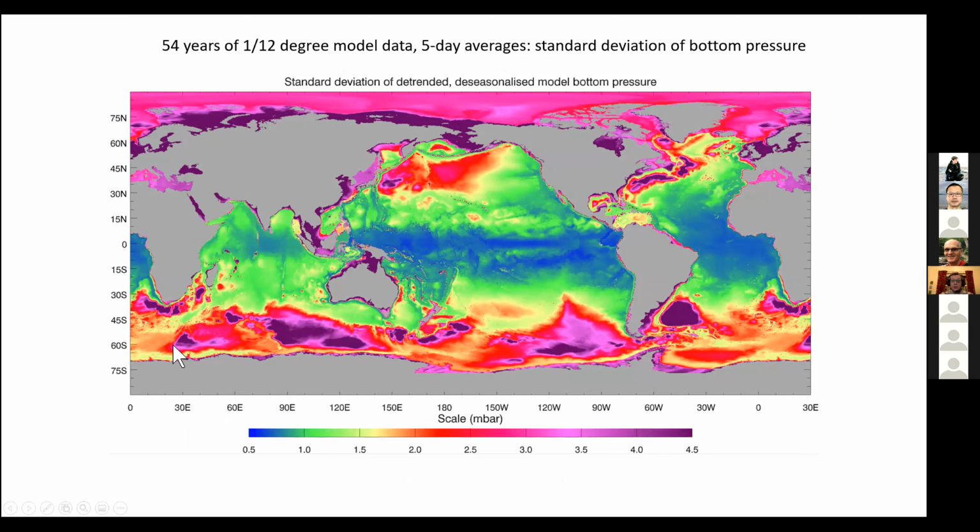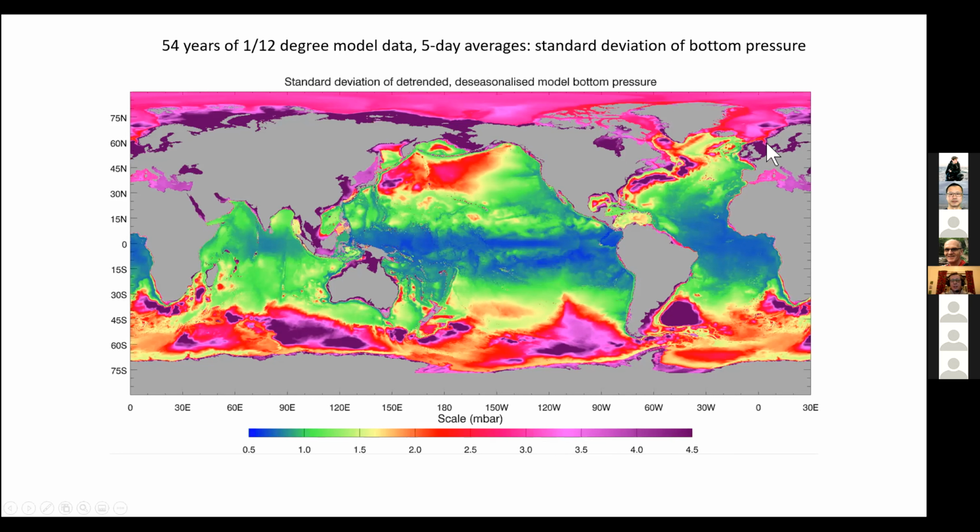This is a different ocean model, and we've got 54 years worth of data here, 5-day averages, and it's just the standard deviation, with the seasonal cycle and a long-term trend removed. Again, very different kinds of variability in different places. So a lot of this high variability on the shelf is saturated deliberately so that you can see the smaller values elsewhere.